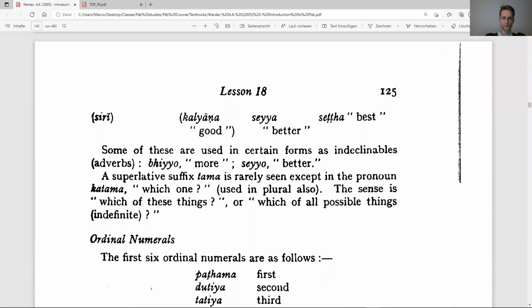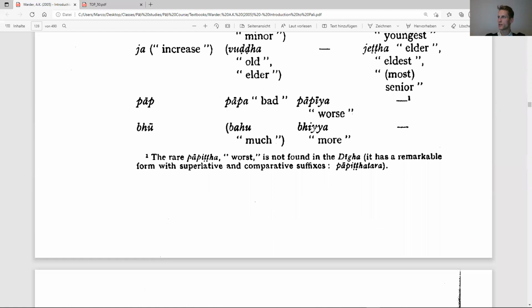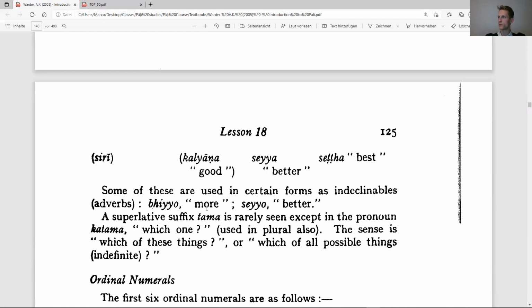Now, some of these are used in certain forms as indeclinables or adverbs. For example, bhiyyo, more. We had bhiyya before, more as an adjective, here as an adverb. And seyyo, better. Here we have seyya.